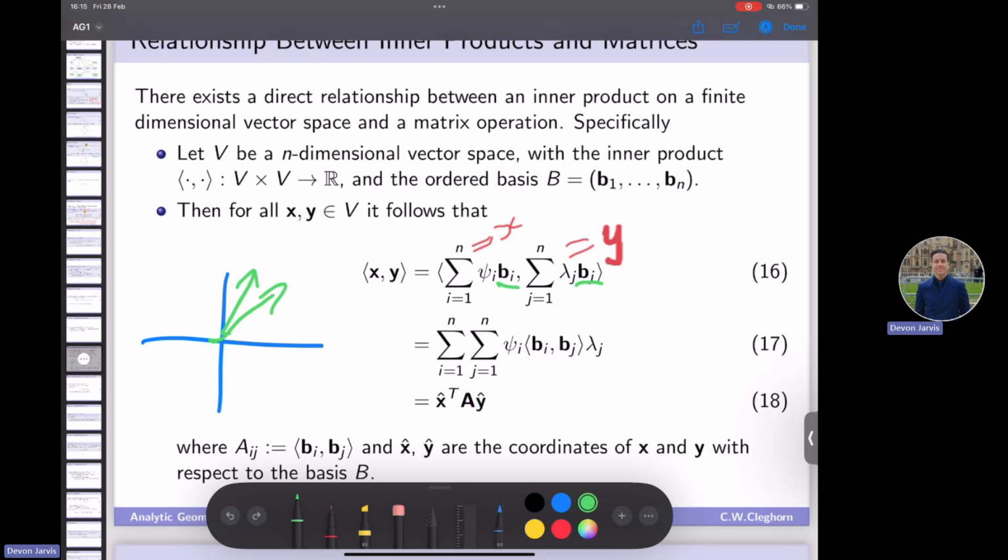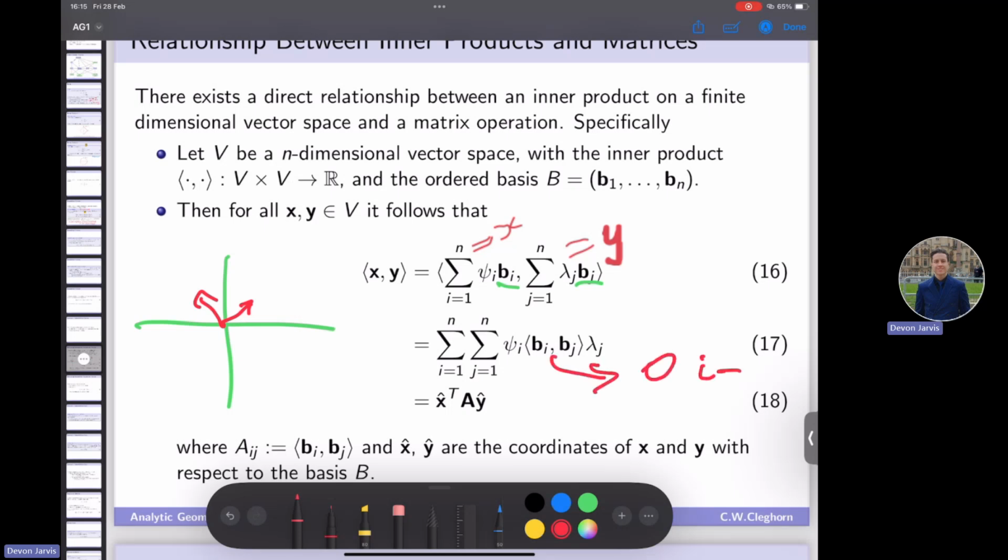Similarly, there's no guarantee that your basis vector is unit length. It might be very long, might be very short, can have different lengths, and so the diagonal itself also might not be 1. In a case where we have orthogonal basis vectors, anytime you multiply them together, you're going to get 0 unless i is equal to j.